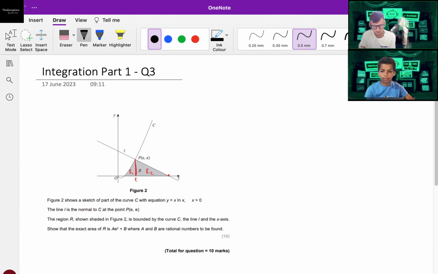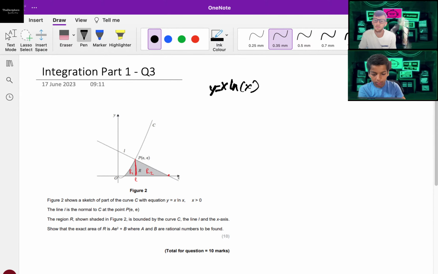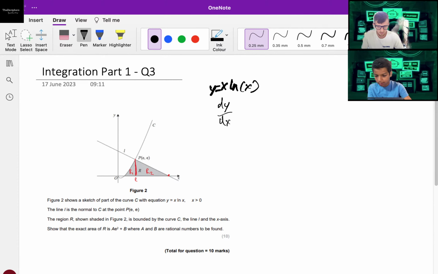So that's going to be the first thing we're going to do now. y is x ln x. So dy over dx, I think we need to use the product rule.